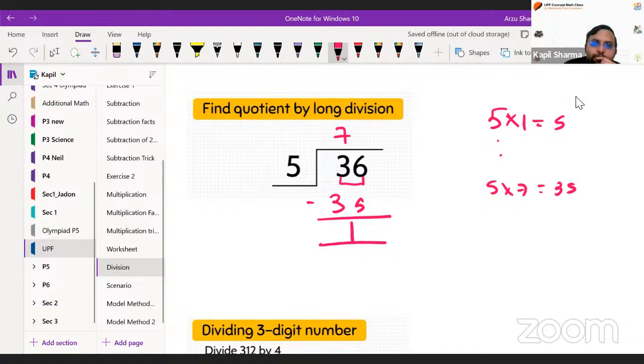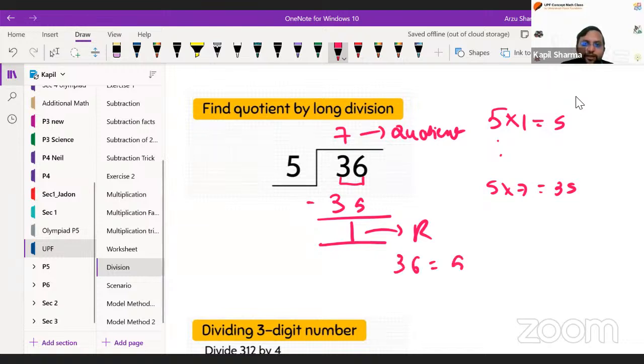So we can say that quotient is 7 and remainder is 1. You can also write 36 as 5 times 7 plus 1, divisor times quotient plus remainder. So you can verify this relation. Okay. Yashika?